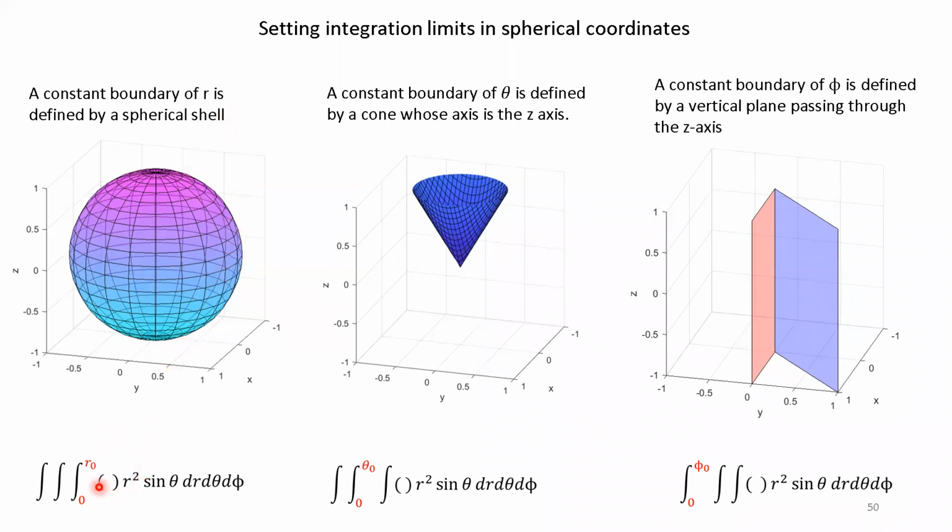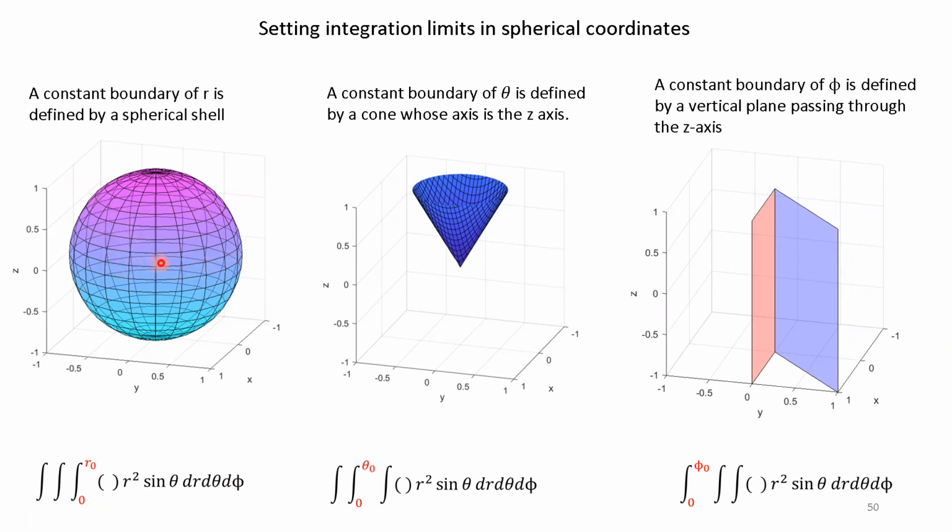So first, let me consider the limit for the r coordinate. If I go from 0 to r naught, that means I'm going from the origin to some value r naught here. But as long as I don't specify the angular limit, you are free to pick any direction to go.